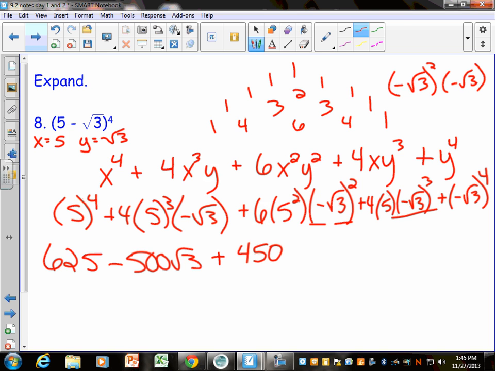Do you agree that that's the same as negative square root of 3 to the third? This is still just 3 with an extra negative square root of 3. So this is the same as saying 4 times 5 times negative 3 square root of 3. And that would be 20 times negative 3, which is negative 60 square root of 3. Notice the sign does change because the negative carries through.